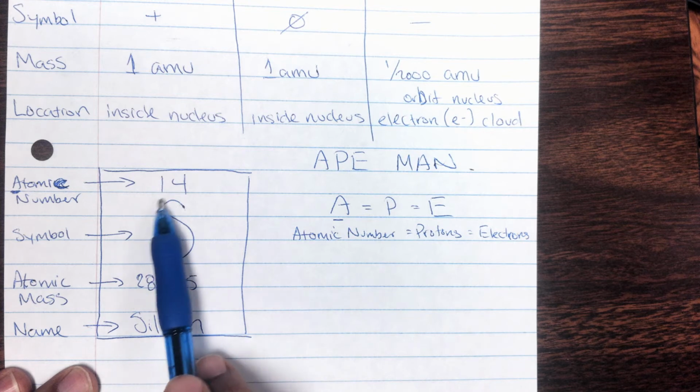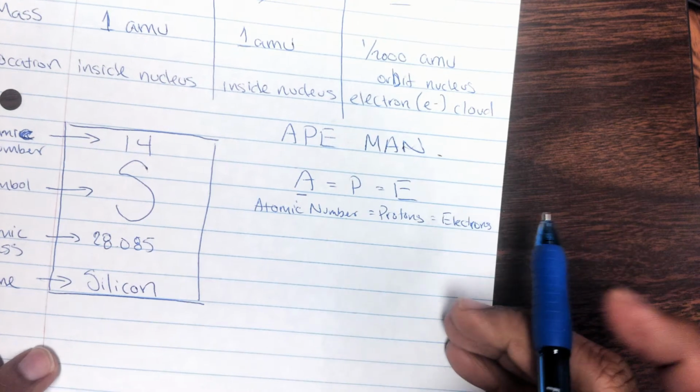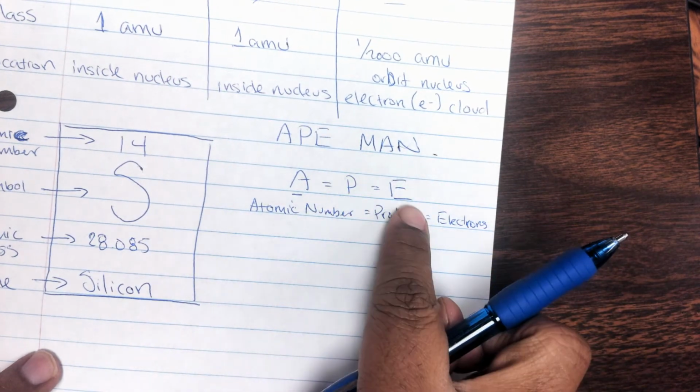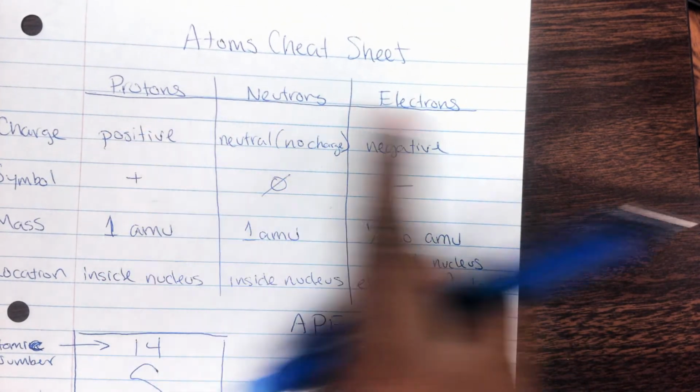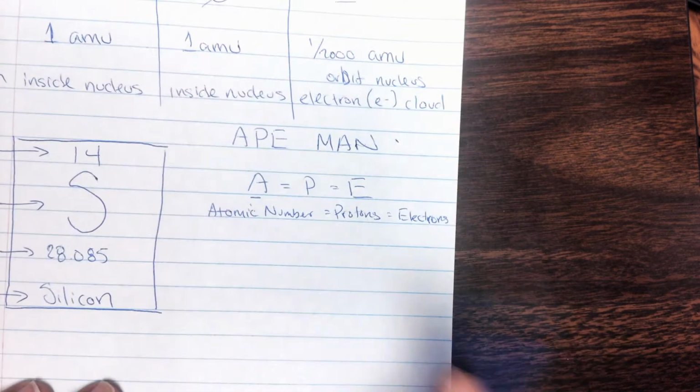So, sulfur, actually we'll go over that in a little bit. Alright, but now you know protons and electrons. You need to figure out neutrons. And to figure out neutrons, you use MAN.